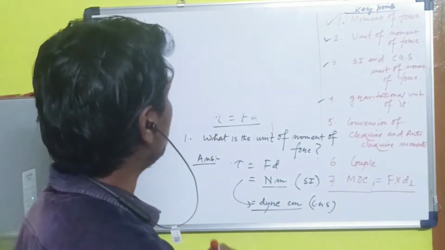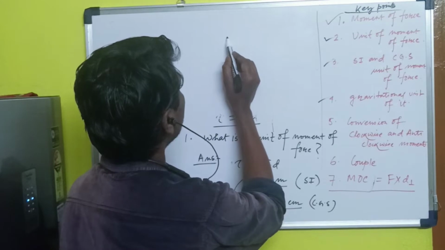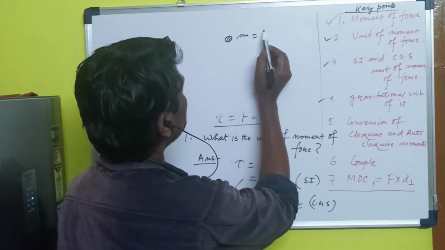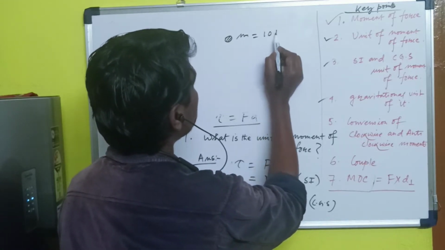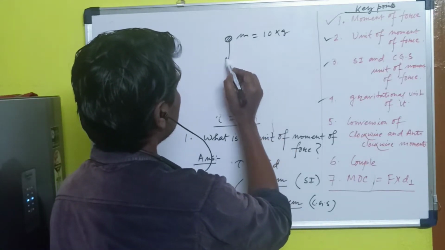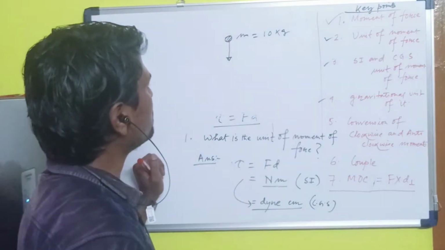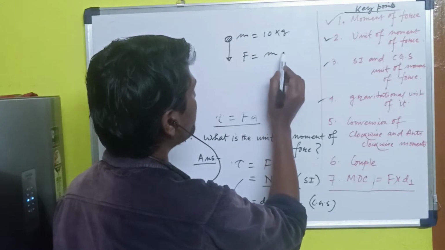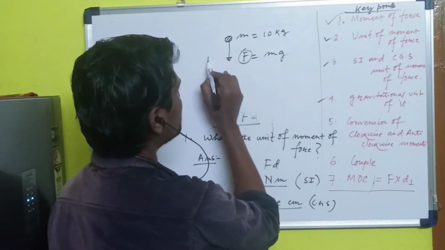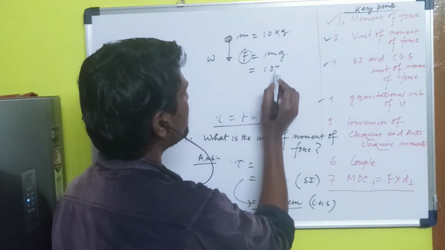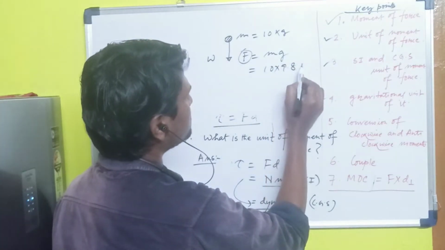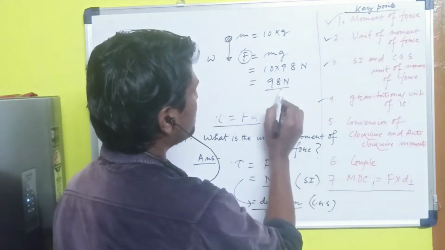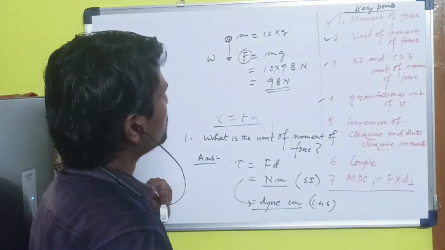If a body has a mass m equal to 10 kg, then the earth drags it towards its center with a force of m into g. This is called weight. So weight equals mg, that is 10 into 9.8, which is 98 Newton. So this is the force.